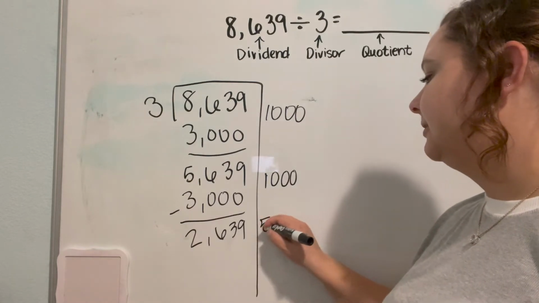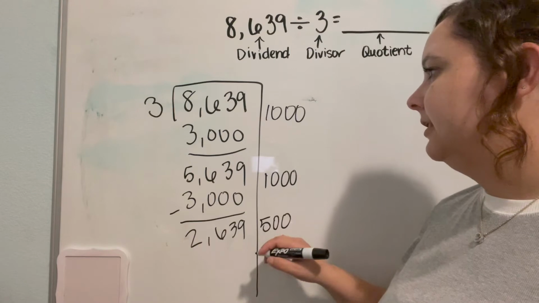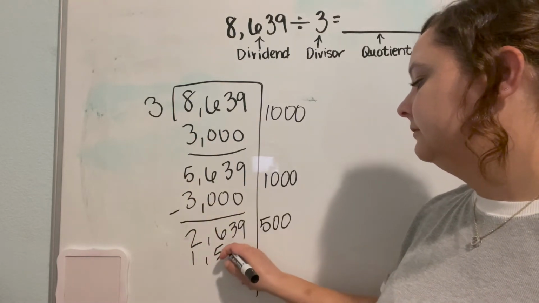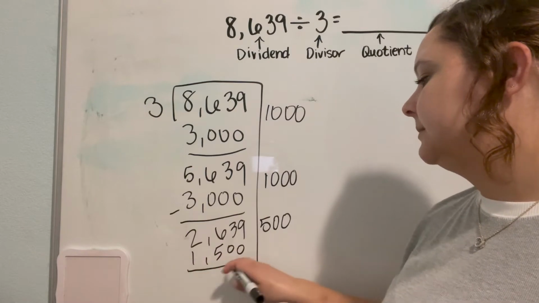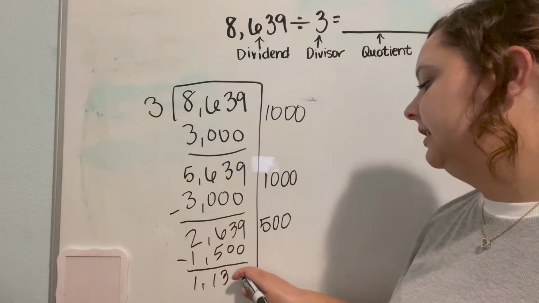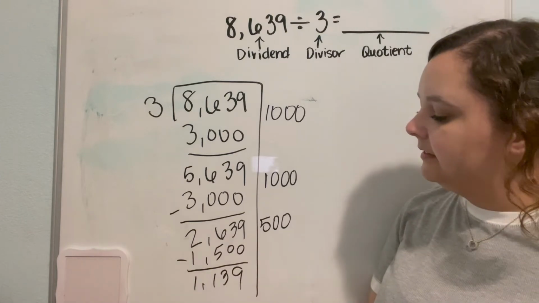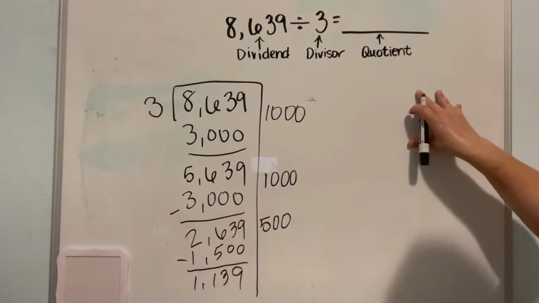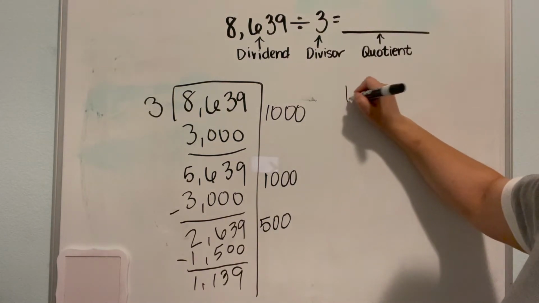So I'm going to put 500 right here. 500 times 3 will give me 1,500. And when I subtract, I will be left over with 1,139.